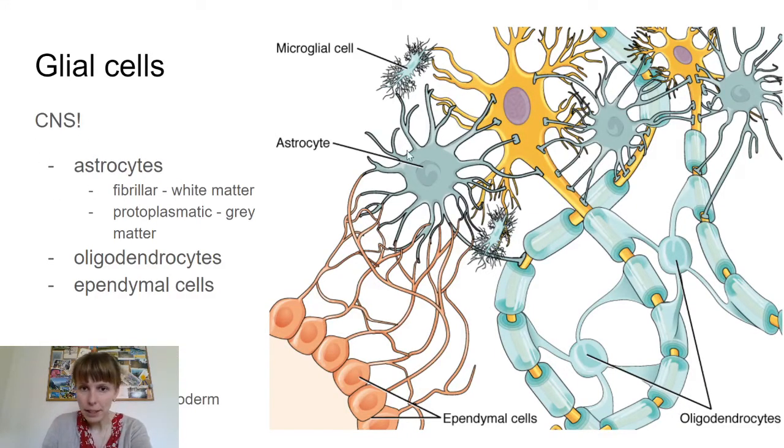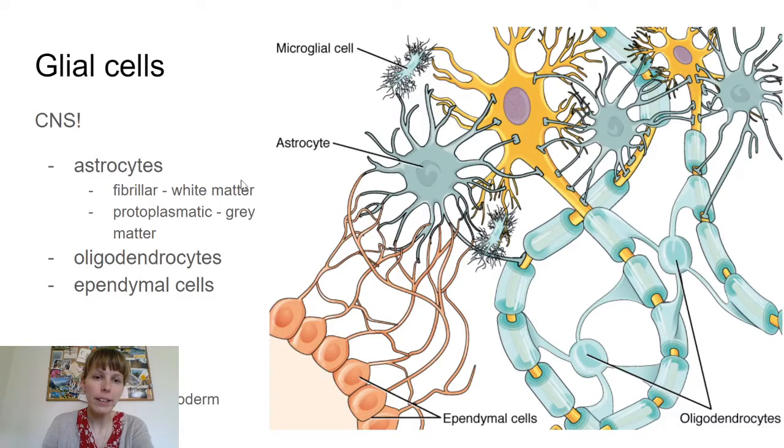So astrocytes are here in this greenish color, these guys. And astrocytes are responsible really for supporting the neurons and other stuff that we will get to, and they have 2 versions of them, sort of.